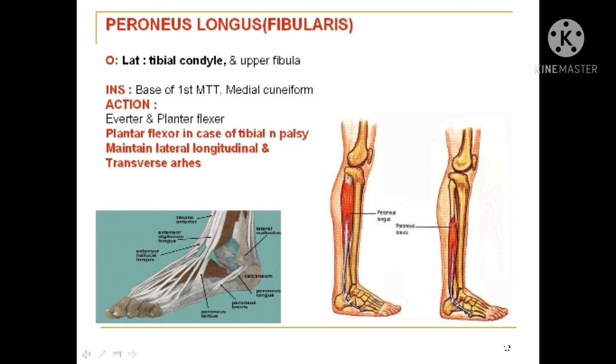Therefore, it brings about the eversion and the plantar flexion of the foot. In case of tibial nerve palsy, when there is a problem in plantar flexion, the peroneus longus is the muscle which is intact then and can bring about plantar flexion to some extent. And it also maintains the lateral longitudinal and the transverse arches both.